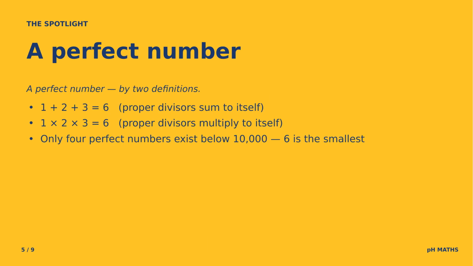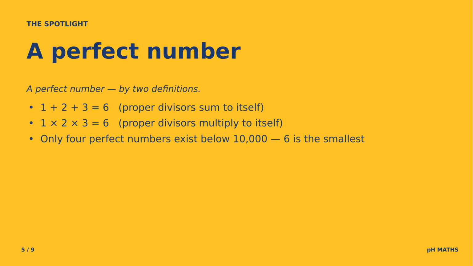Tidy. A perfect number. 6 earns the title perfect by 2 definitions, and they happen to give the same answer. Definition 1. The proper divisors of 6 are 1, 2, and 3. Add them together. 1 plus 2 plus 3 is 6. The divisors sum to the number itself.